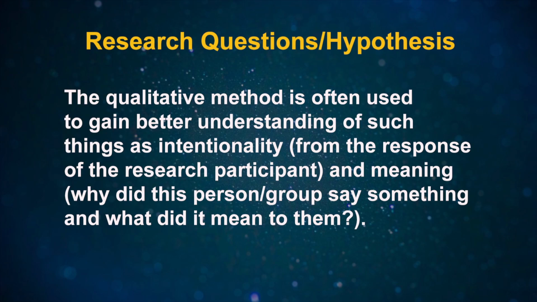For instance, the qualitative method is often used to gain a better understanding of such things as intentionality, that is, from the response of the research participants, and meaning. Why did this person or the group say something and what did it mean to them?